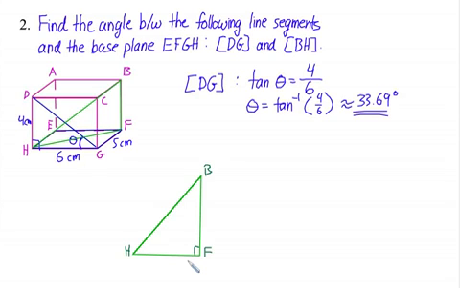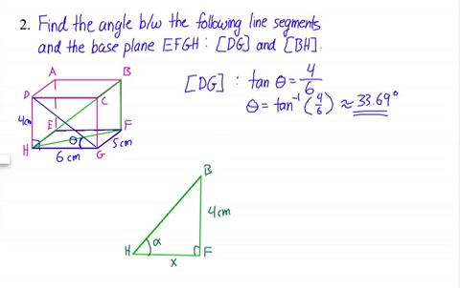We know the length of BF is 4 centimeters. And so far, that's really all we know. The angle that we're trying to find, we'll call it alpha, is unknown. And the other two sides of the triangle are unknown, and let's label this x. And if we can find x, then we can find the angle alpha.